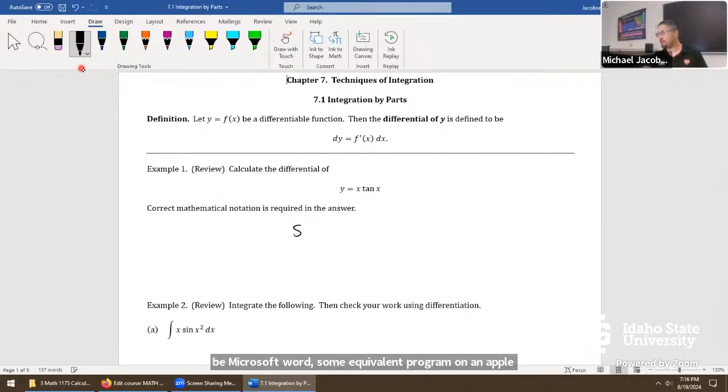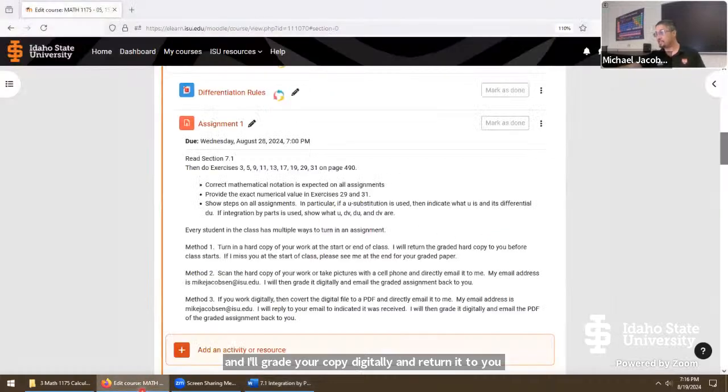If you start solving out stuff like this, I'm just writing out random equations, then just convert that to a PDF, directly email it to me, and I'll grade your copy digitally and return it to you in a digital format as well. So those are the various ways. There could be some other unique situation. If this doesn't fit you, method 1, 2, or 3, just email me and we'll work something out. Does that make sense to folks so far on turning in the homework?